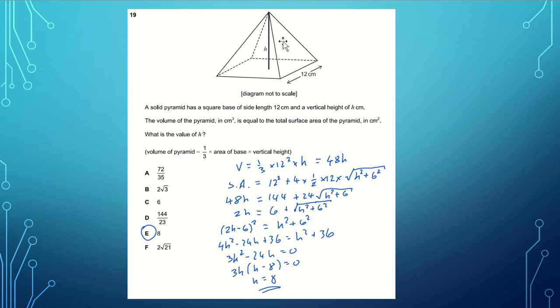So we're going to use Pythagoras' theorem. Here we've got 6 on its base, h is the height, and so it's square root of h squared plus 6 squared. So the 4 faces and the base add up to the same number as the volume, which is 48h. That makes an equation. And we gradually bring it down to a quadratic, and we find the answer for height h.